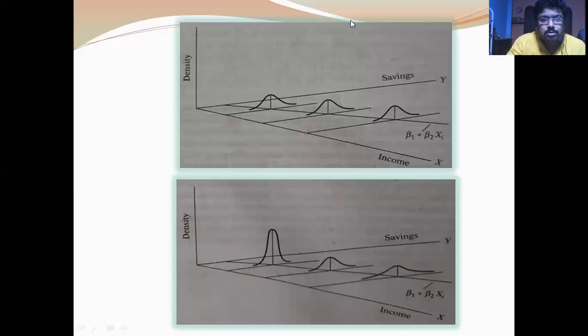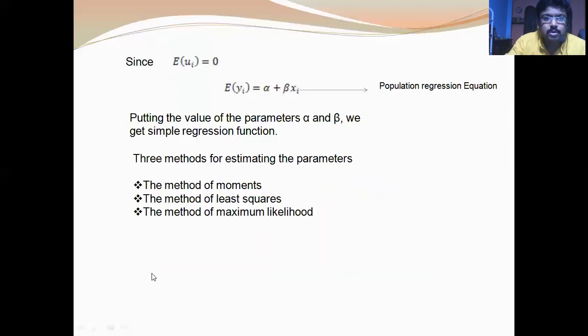Now look. Since the expectation of u is constant here, this is the population regression, and putting in the values of the parameters alpha and beta, we get the simple regression function.